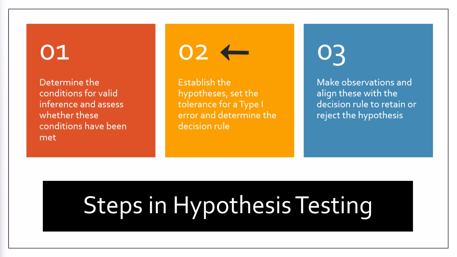Once you've established all of this, you're ready to collect the data. And you collect the data, you make the observations, you align these with the decision rule, and then decide, will I retain or reject the hypothesis? Remember, that hypothesis is about an unknown population parameter that we cannot know because we cannot look at the entire population.